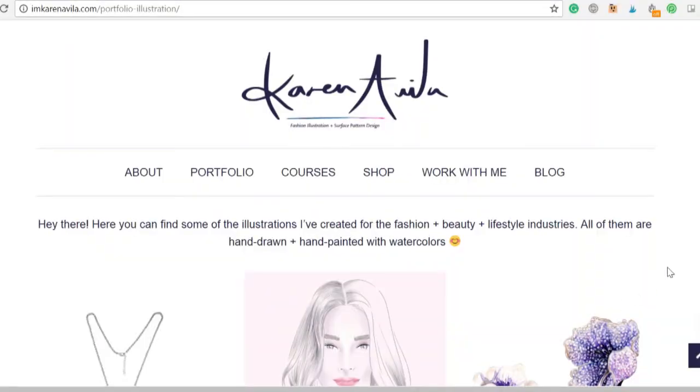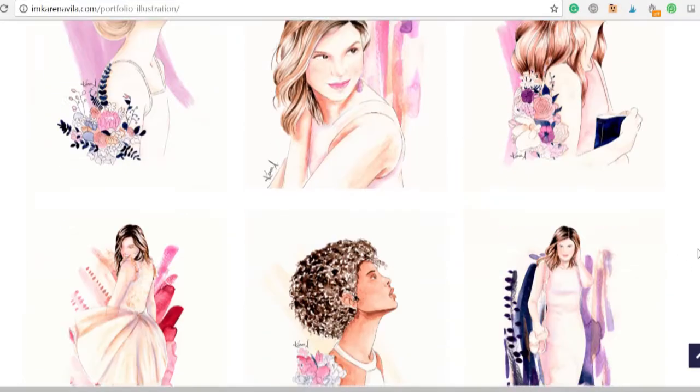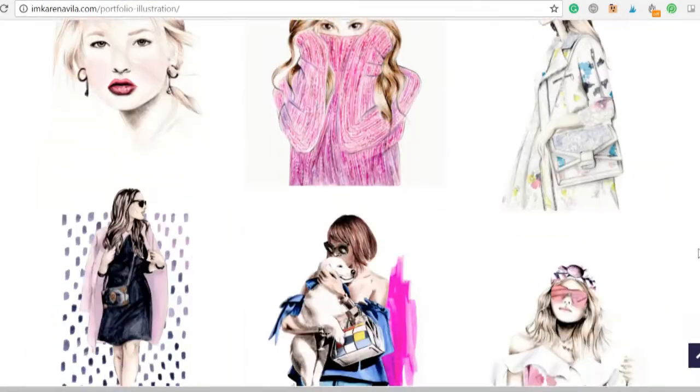So those pieces are going to be part of your portfolio. Whether you want to create it as a digital portfolio or as a physical portfolio, you have to make sure that all the pieces of artwork, designs, or whatever that you pick for your portfolio are the best of your work.